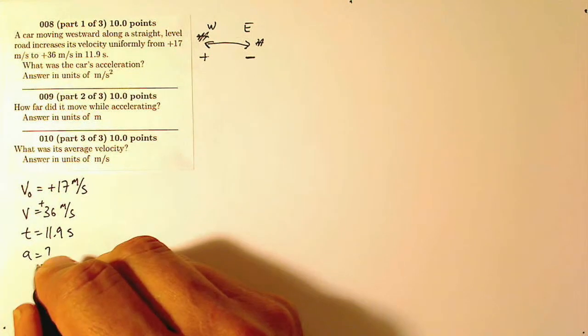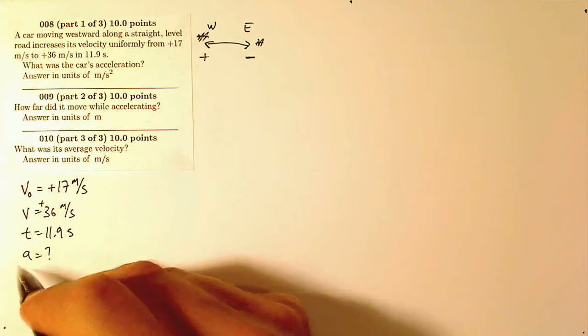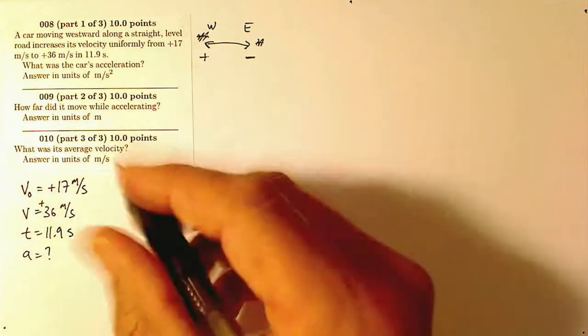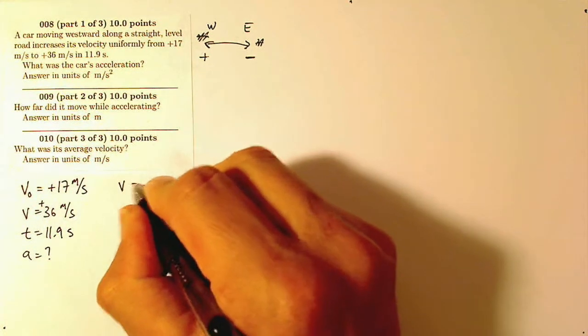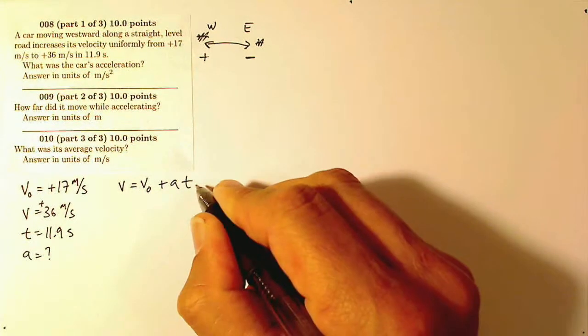If I want to find my acceleration with my initial velocity, my final velocity, and my time, I look at my 4 equations of motion and I notice that one of them says that my final velocity is my initial velocity plus my acceleration times time.